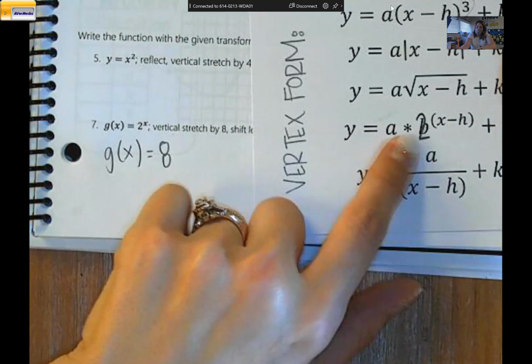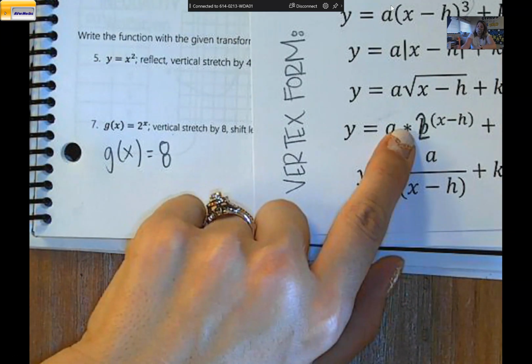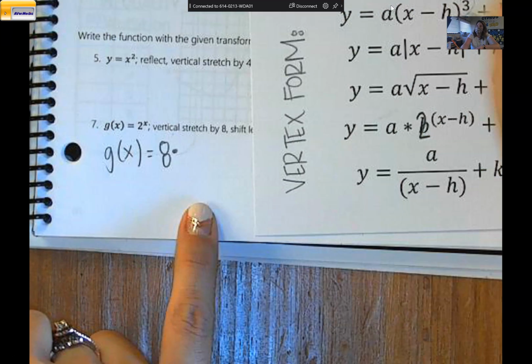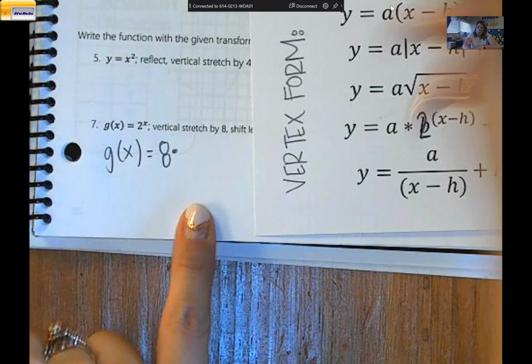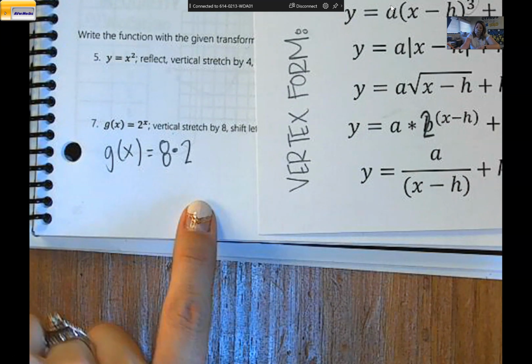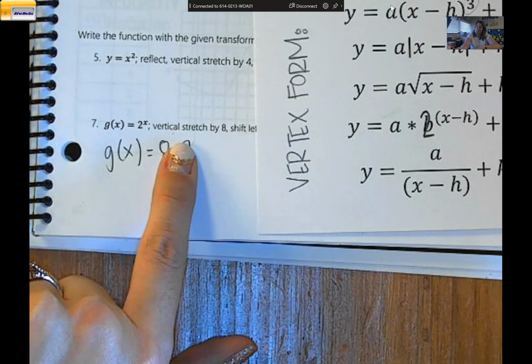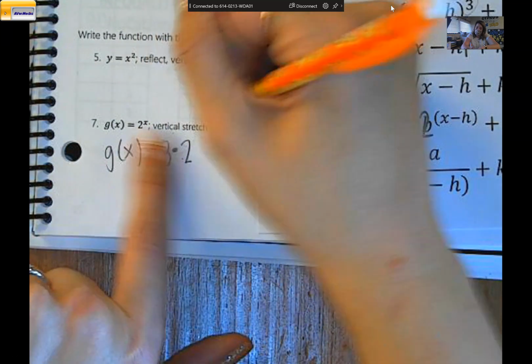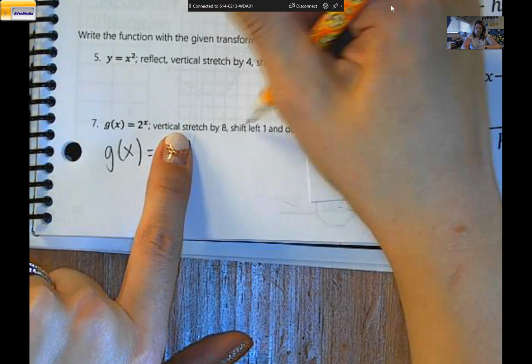And then on my card, it says that I have a little multiply symbol here, so I'm going to write multiply. And then I have a 2. I move up to the exponent position and see if they have me shift left or right.